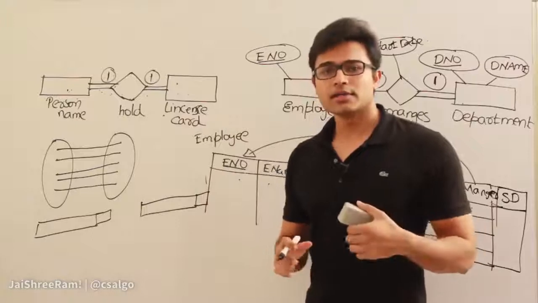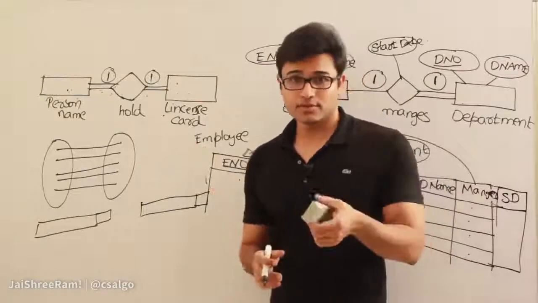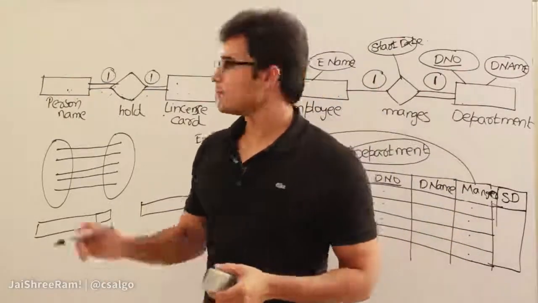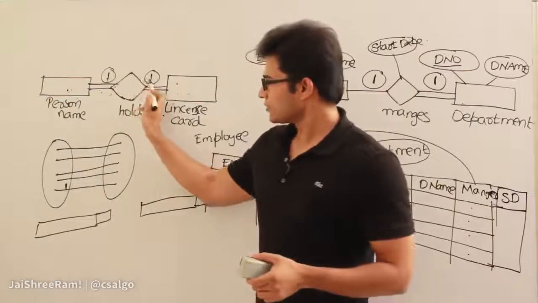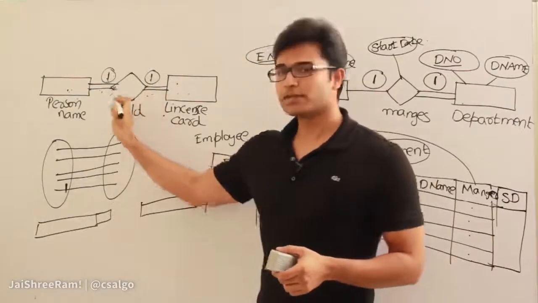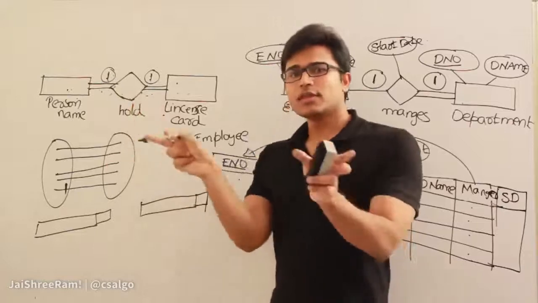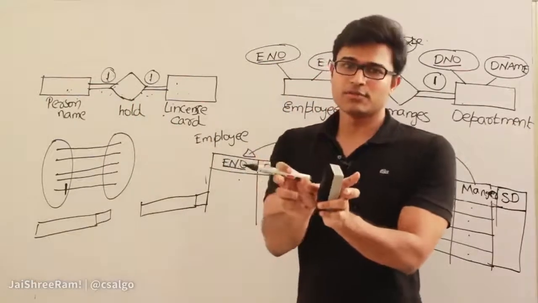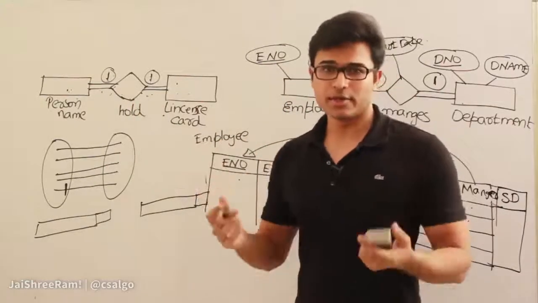Or a better method is you join both of them. That is even better, right? So in case of one-to-one relationships, whenever the participation on both the sides is total, you could even combine both the tables without having two tables. That is even better, right?